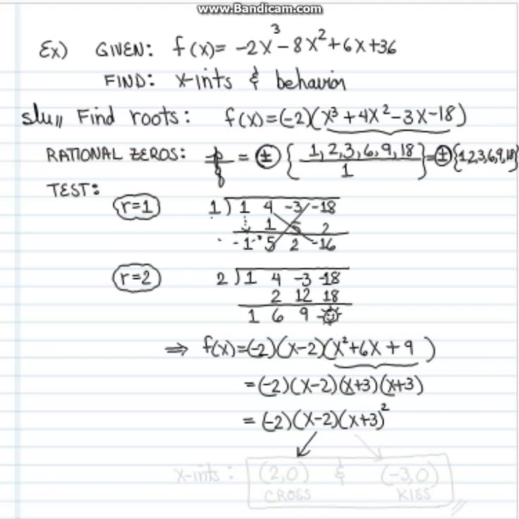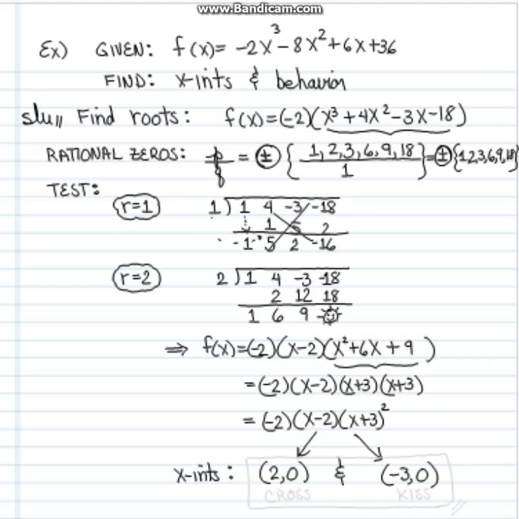Okay, so according to that note that you have been sleeping with under your pillow for months, weeks, that tells us that we have the following x-intercepts. The first one is the ordered pair: the root is a number being subtracted, so it's 2, 0. That's an x-intercept. And the other one, the number being subtracted from x is negative 3, so it's negative 3, 0.